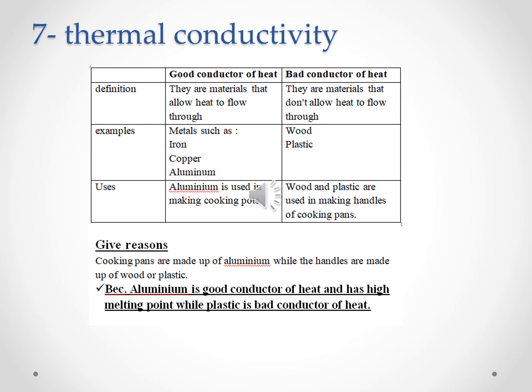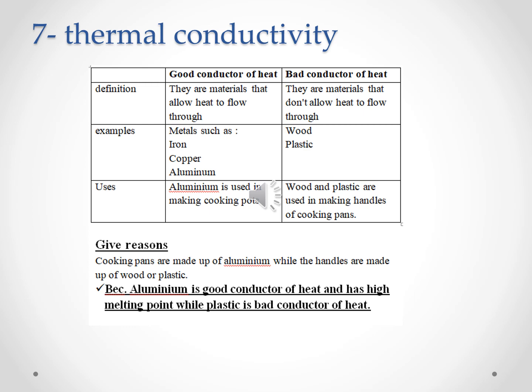But the bad conductors of heat are materials that don't allow heat to flow. Examples of good conductors of heat: all the metals are good conductors of heat, like good conductors of electricity. They are iron, copper, and aluminium. Examples of bad conductors of heat: all the non-metals such as wood and plastic.